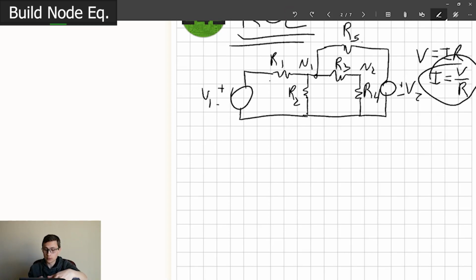And the most critical step is making sure that we set up all of our currents in the same way, because that means that our signs will all balance out.